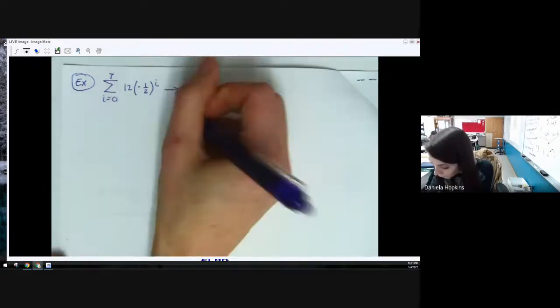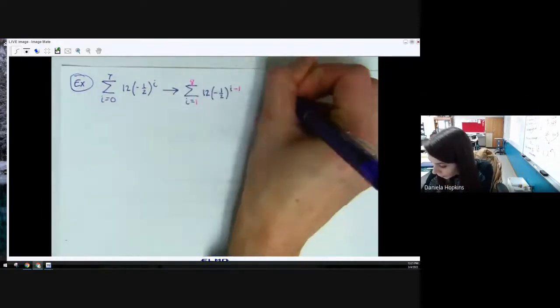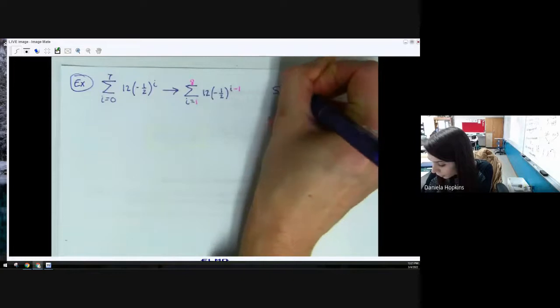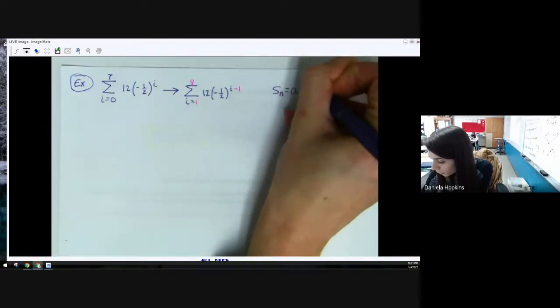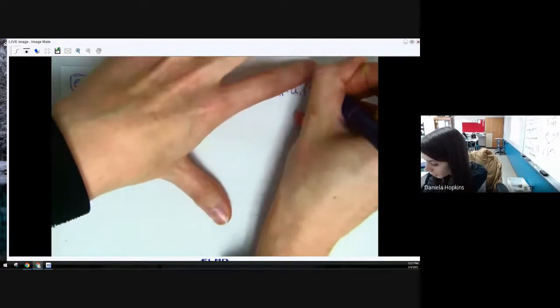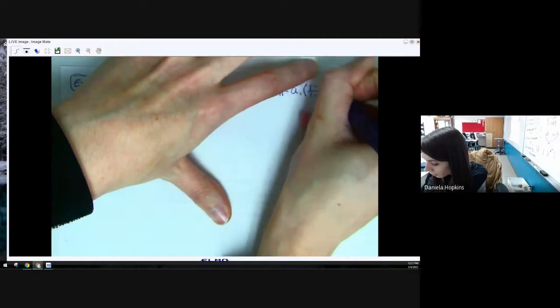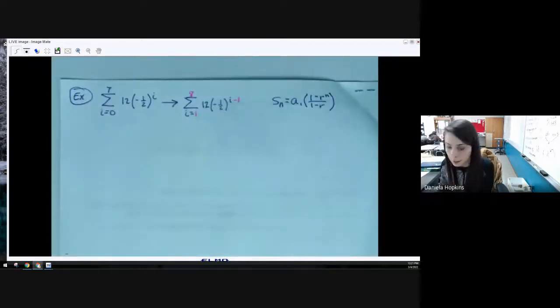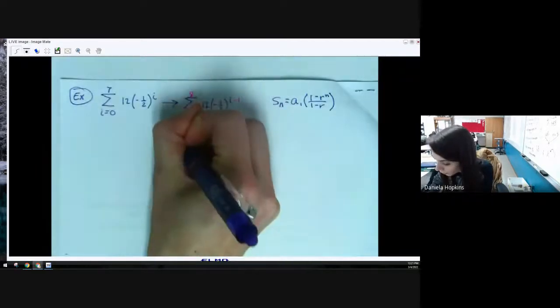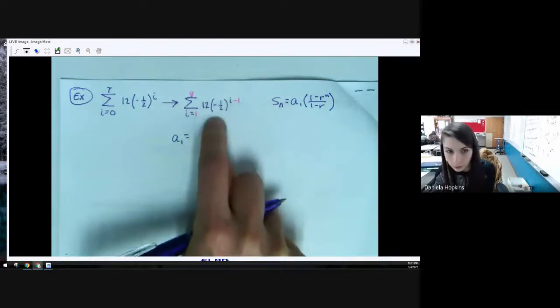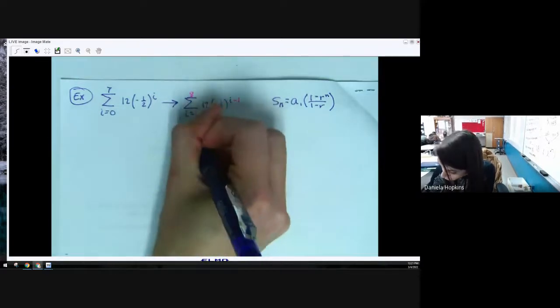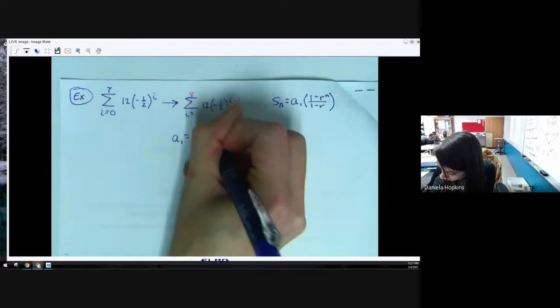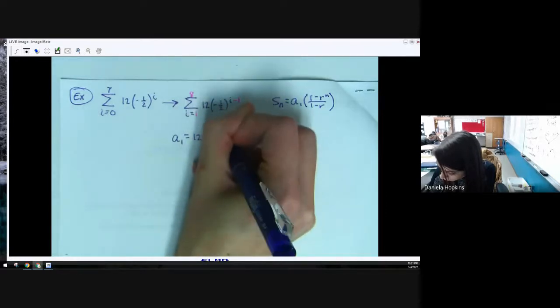So my general form again, I'm going to put that to the side, is S sub n equals our a1 times 1 minus r to the n over 1 minus r. I need my first term, so now I'm going to find my first term from this. So it would be 12 times negative 1/2 to the 1 minus 1.